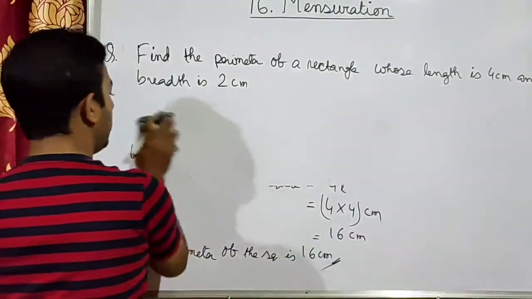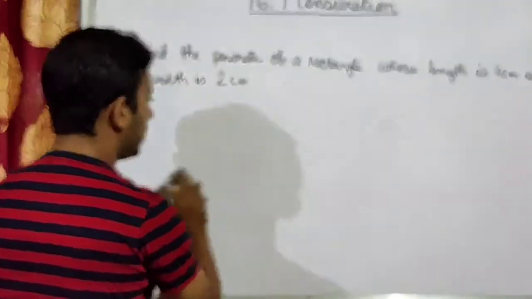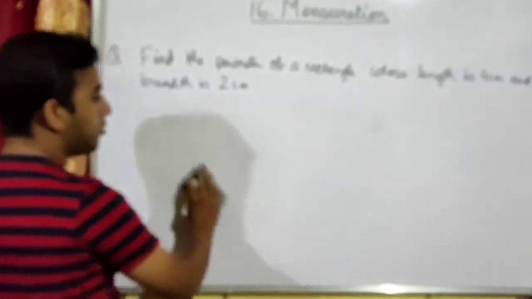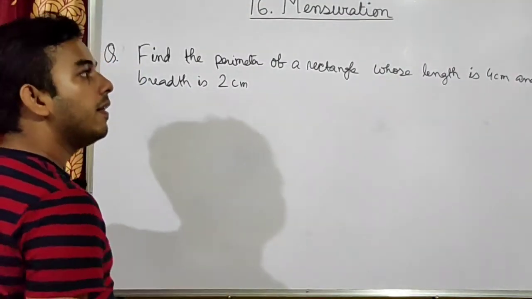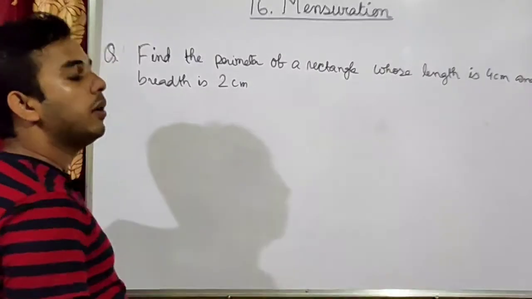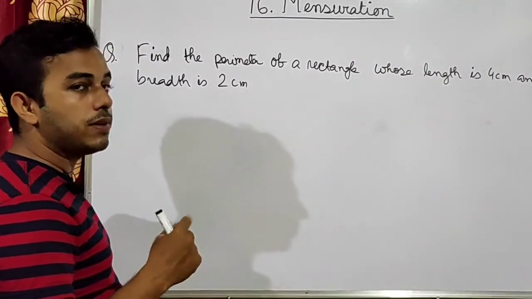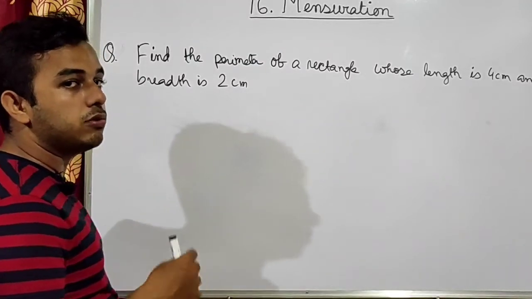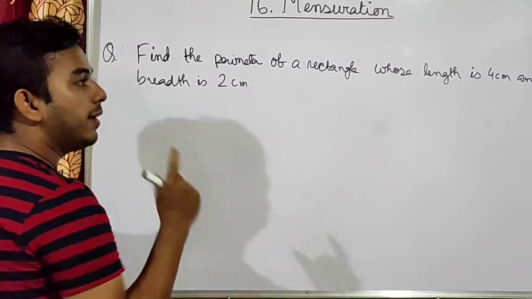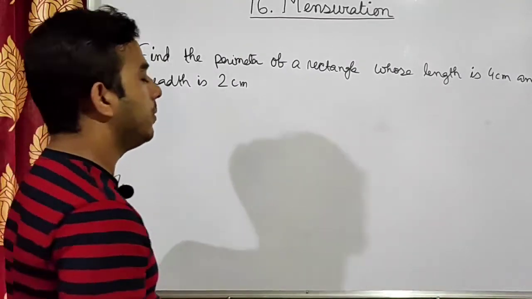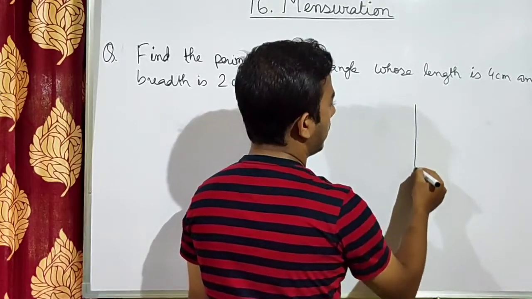We have to find the perimeter of that rectangle. So can you guess what the perimeter will be? That is 2 into length plus breadth. We will add length and breadth, that is 4 plus 2, and we will multiply with 2, right? 4 plus 2 is how much? 6. 6 into 2 is how much? 12. So the perimeter of the rectangle will be 12 centimeter.